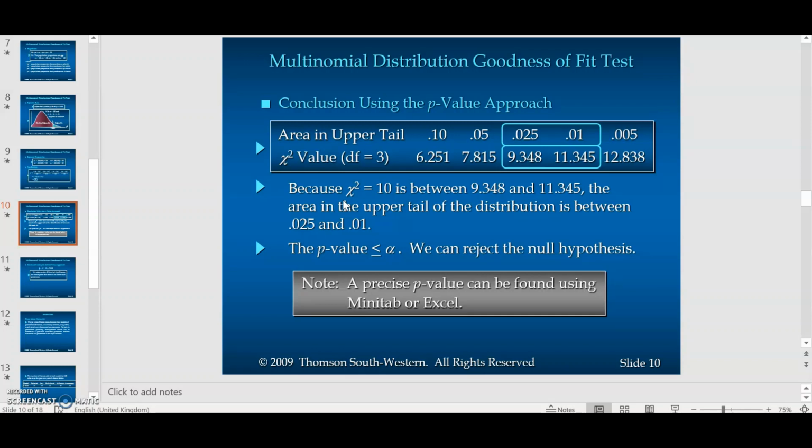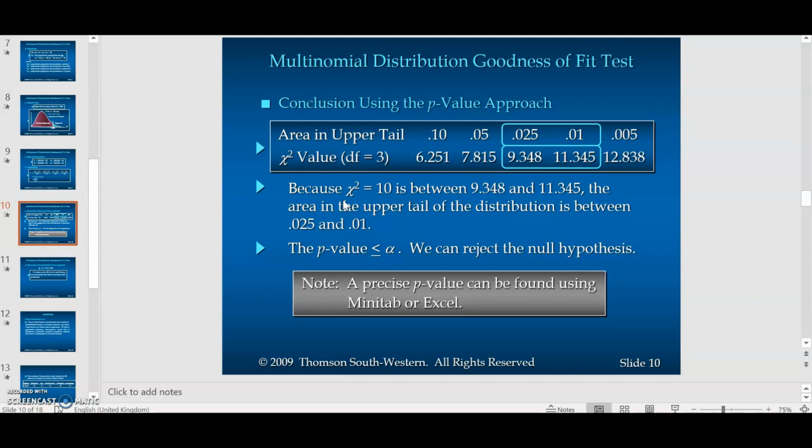In order to make a conclusion using the p-value approach, of course, we have to identify our p-value. And in order to identify the p-value, we need two pieces of information.